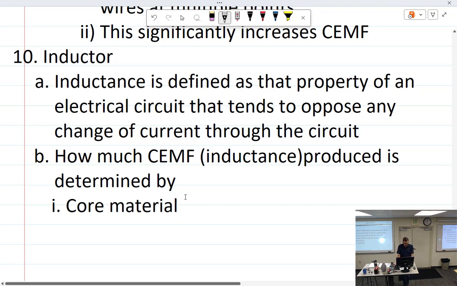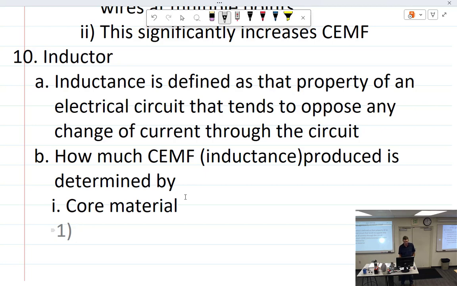Inductors always have a core, and these cores can be many different things. They can be magnetic or non-magnetic. We can have air, we can have an insulator. Non-magnetic, air, insulator, all these things would decrease it.